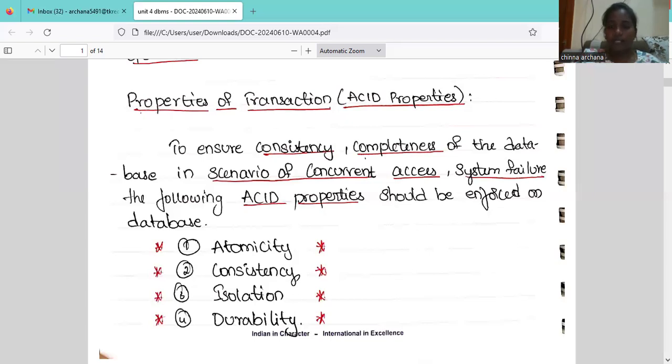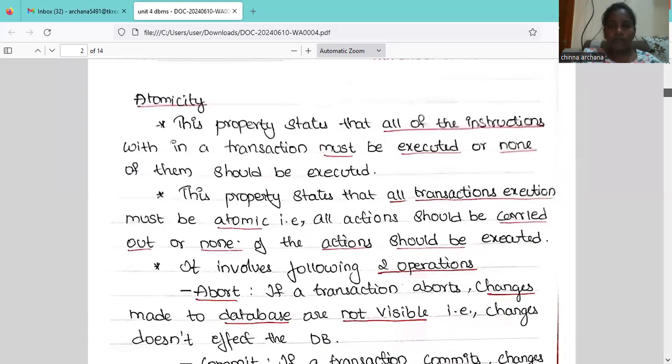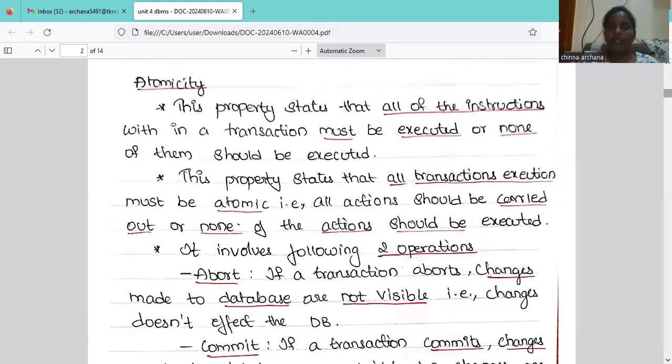When a transaction follows them, we say there is consistency in the database. Consistency means correctness, so there are no faults in the database due to our transaction. Now let us discuss these ACID properties one by one.